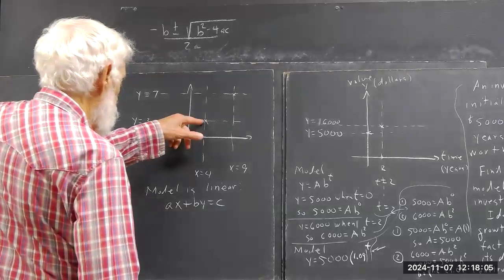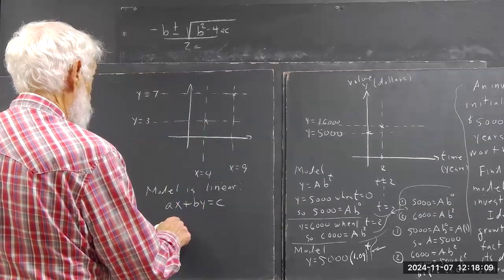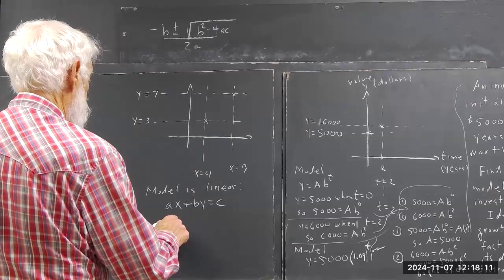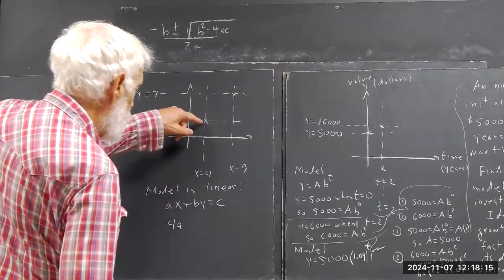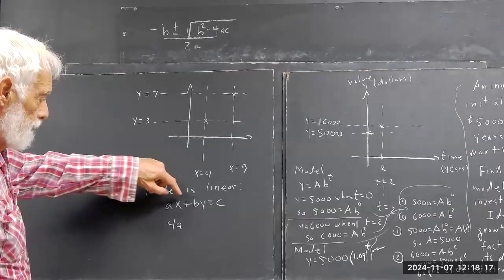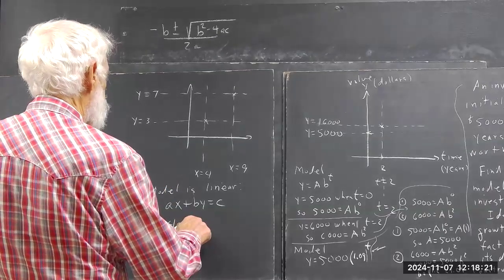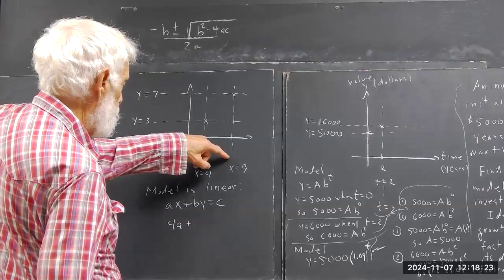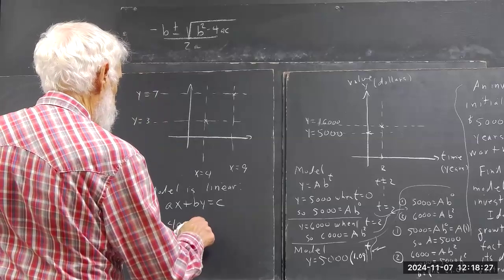Okay, you plug this coordinate in for x, you would get x is 4. So you'd have a times 4, which we'll write as 4a. And y is 3.